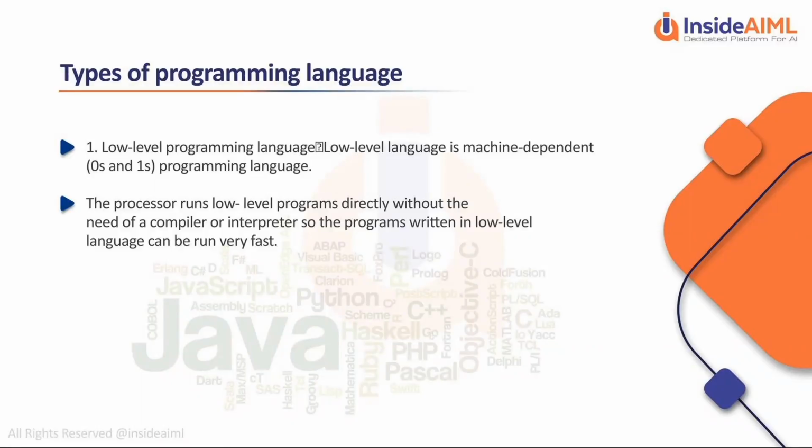We have low level languages. A low level language is machine dependent, and we have zeros and ones. Previously, before we had any kind of programming languages, people used to write their code in the form of this low level language, which is zeros and ones.